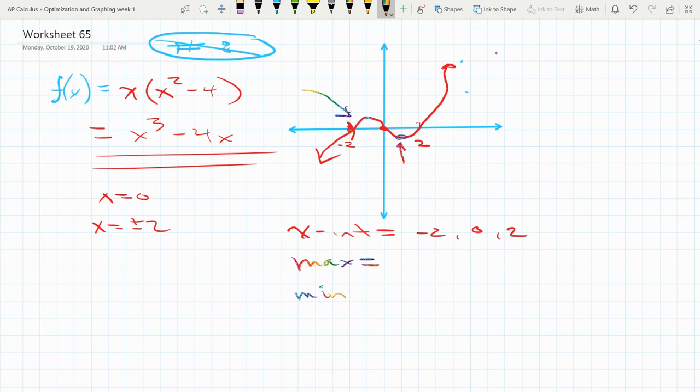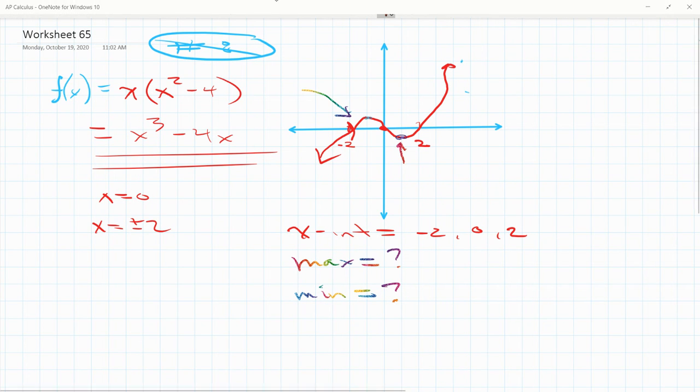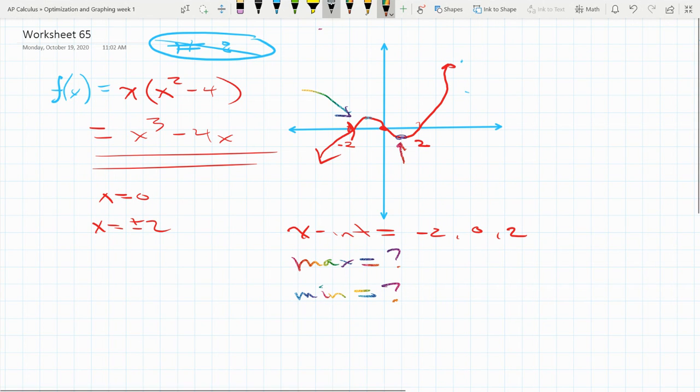But the question is, how do we find those? So here's the idea. Let's go to the pencil here. Is it not? Come on. I think my hand's on it too much.